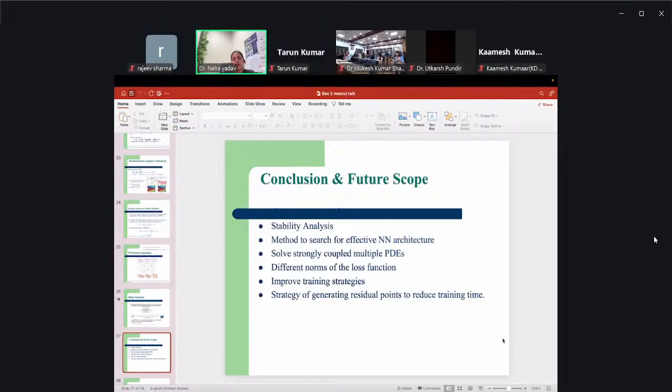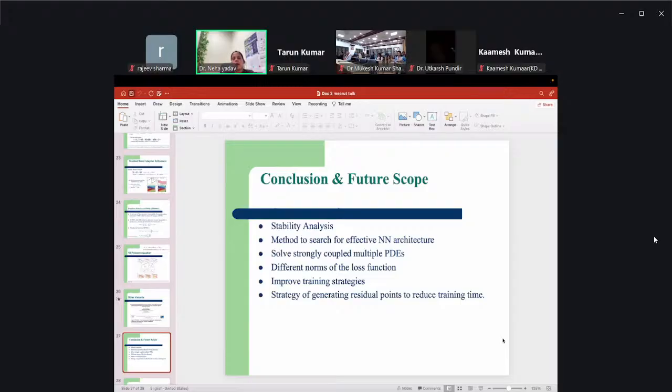Further, new algorithms can be proposed using efficient neural network architectures. One of my students is currently working on how to find the best neural network architecture while training the PINNs, which is called NAS-PINNs.